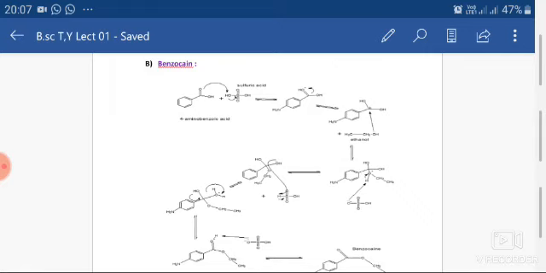In this reaction, initially what is happening, as you know, sulfuric acid is a strong acid. It releases a proton and that proton attacks on the carbonyl group of the 4-amino-benzoic acid, and this generates a carbocation.